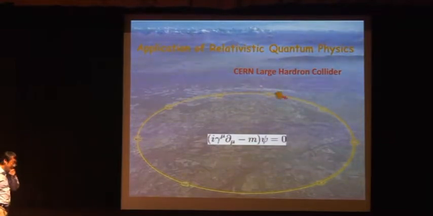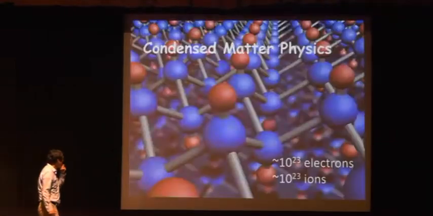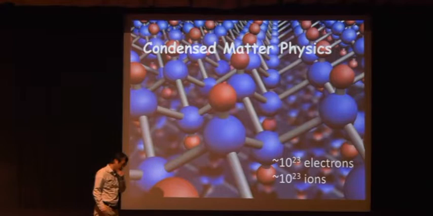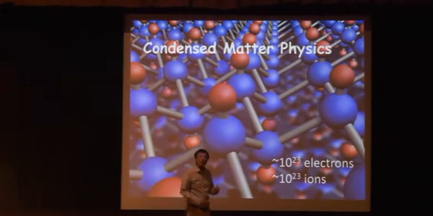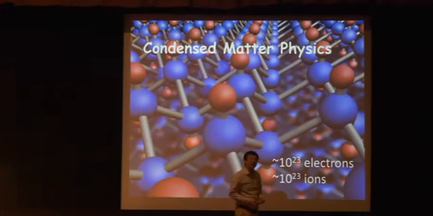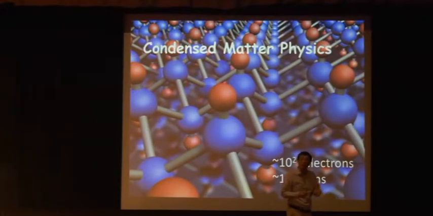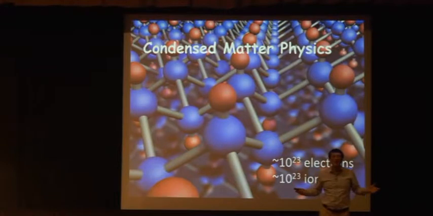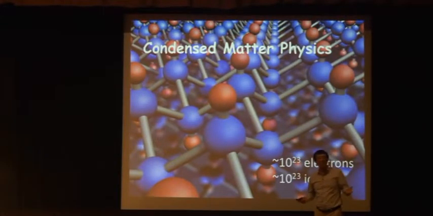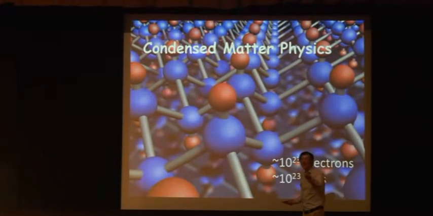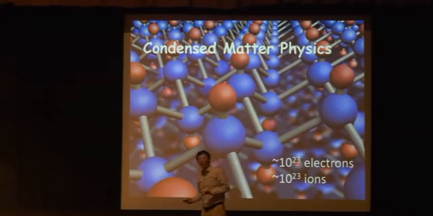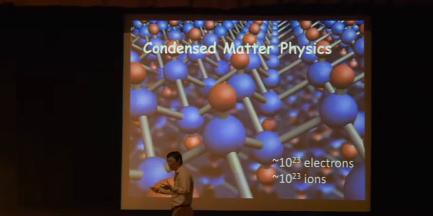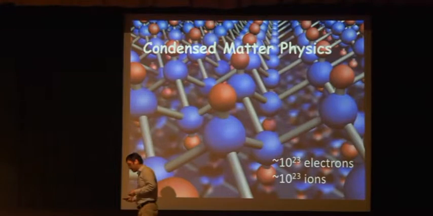Well, here comes an interesting trick from the so-called condensed matter physics I have been working on. Condensed matter physics deals with materials. As you see in the transistor I showed as a good example, if you zoom in, there are many, many atoms, many, many electrons, usually about 10 to the 23rd electrons and ions in a small area of a cubic centimeter of the material we are dealing with, right?